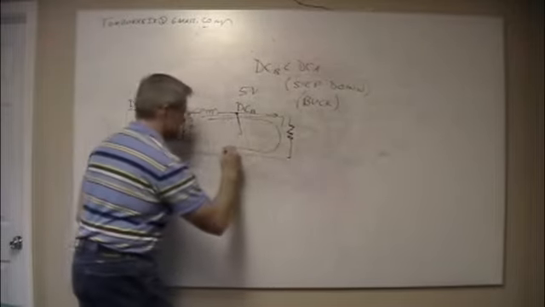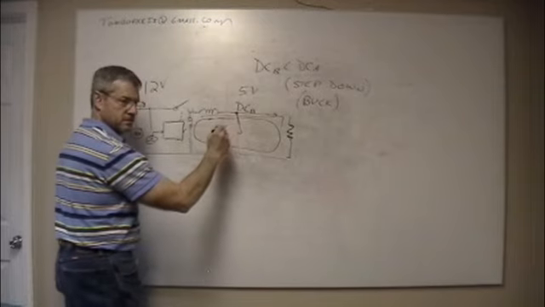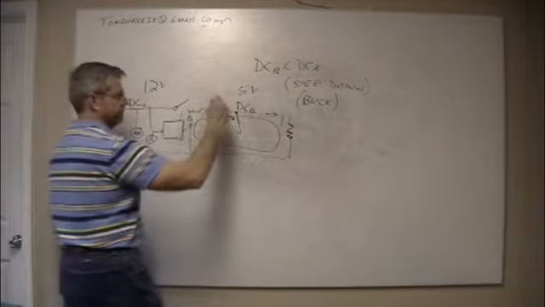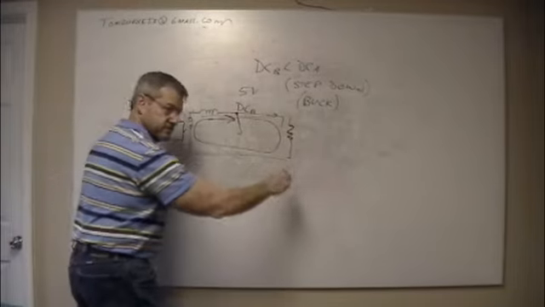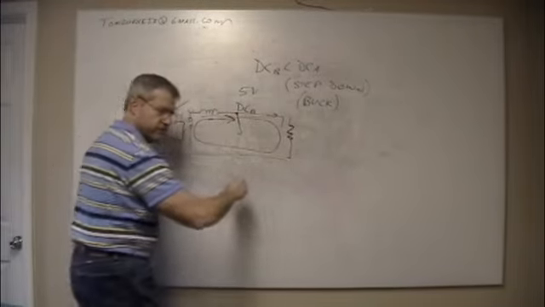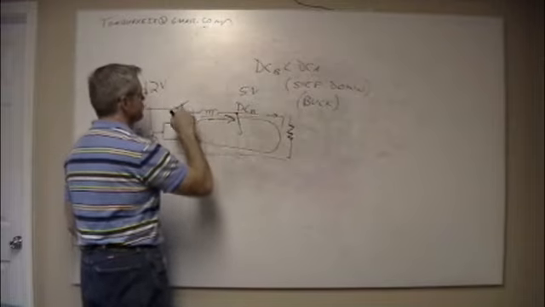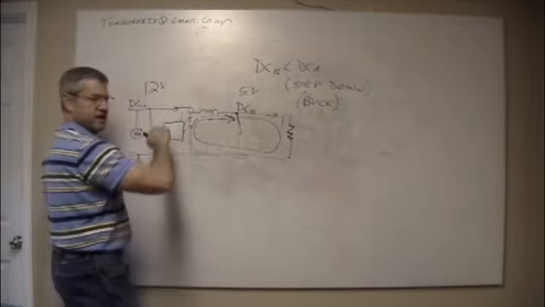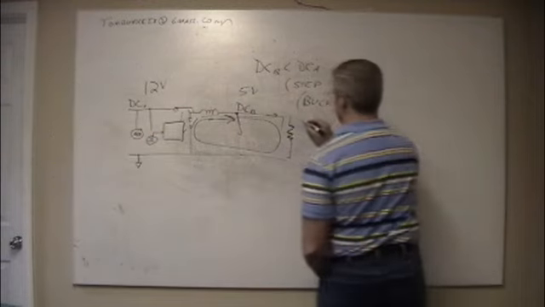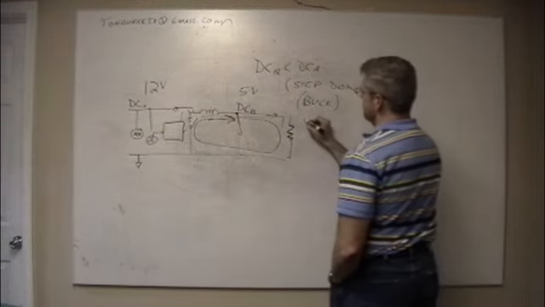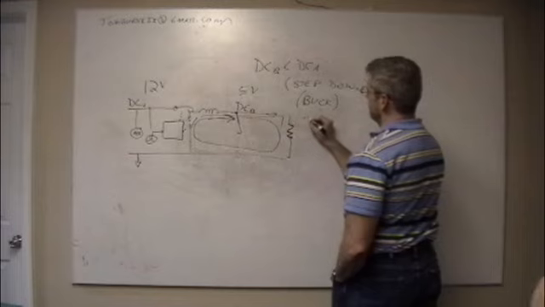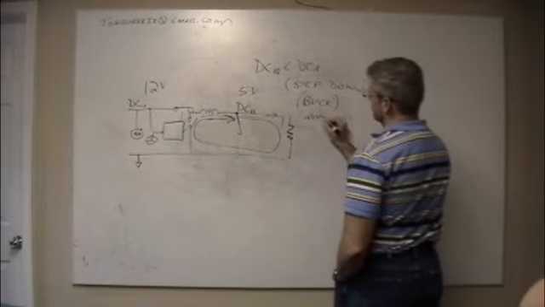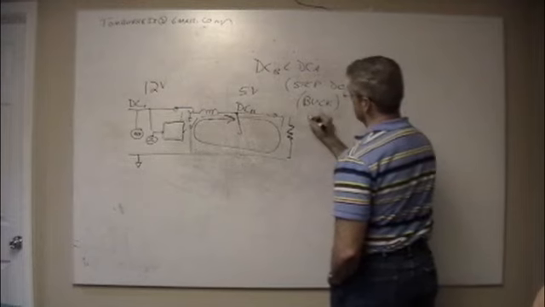So now current does this. 5 volts, 4.99 volts, 4.98 volts, 4.99 volts. And what you see out here, if you measure your voltage, is it's a sawtooth.